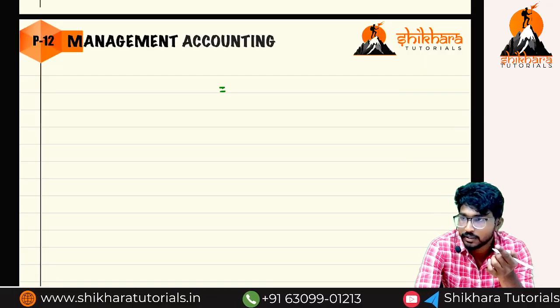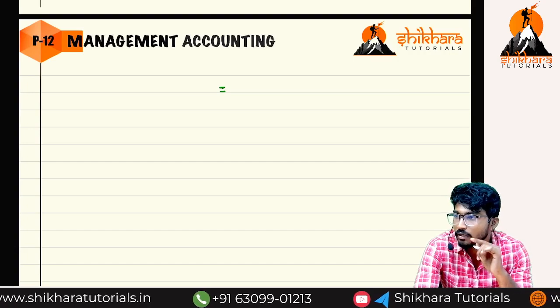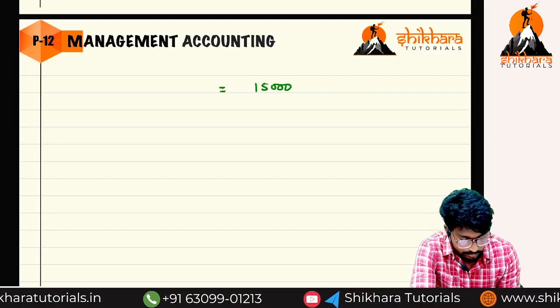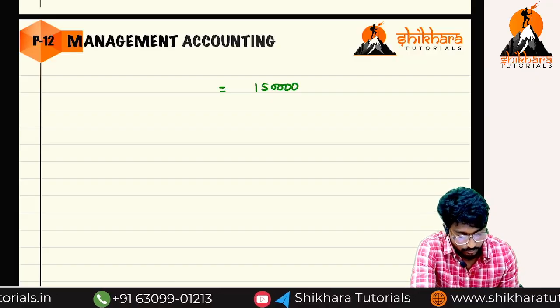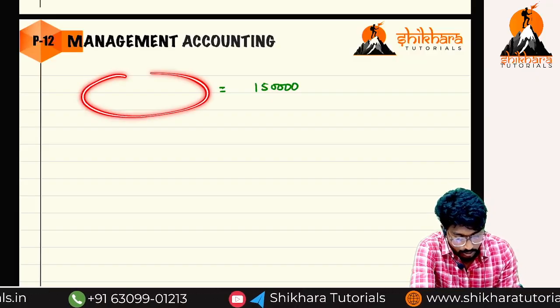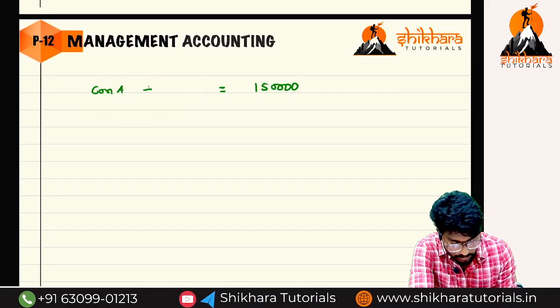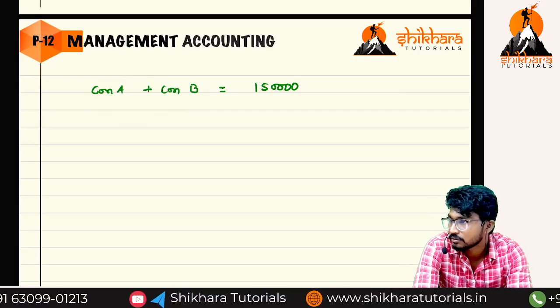We all know that at break even point our fixed cost is equal to contribution. Now fixed cost is how much? 1,50,000. Am I correct? Now how will you get total contribution? Contribution of A plus contribution of B. Correct?